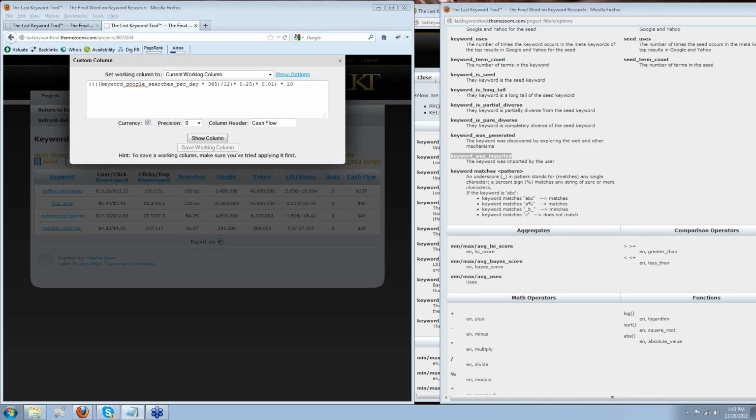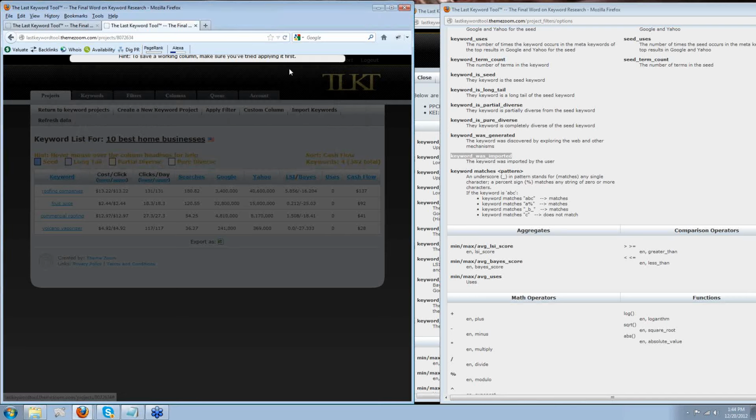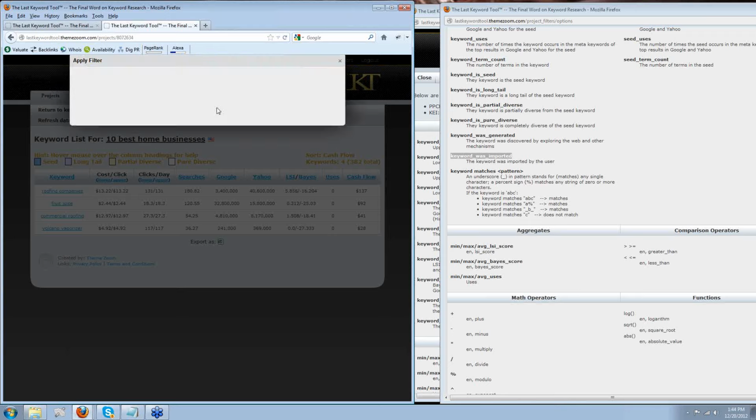That's a column, actually. Was it the column that you wanted? Good. Because I messed up the filter. So I'm glad. All right.